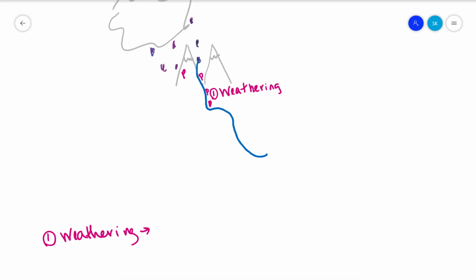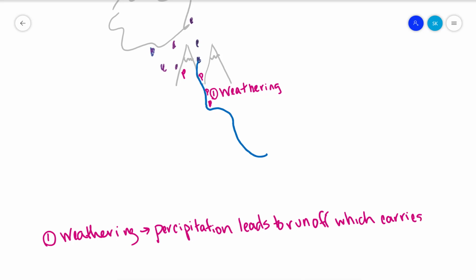Precipitation leads to runoff, which carries phosphorus. All right, so we got weathering. The rain comes, it goes down, and we got our runoff.